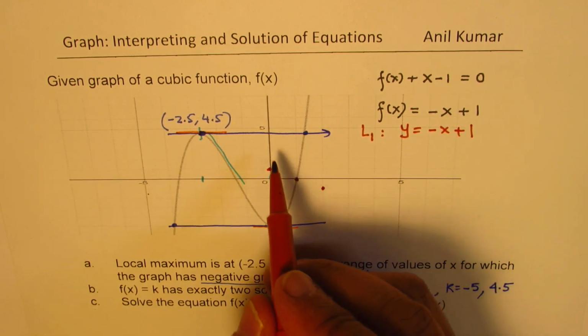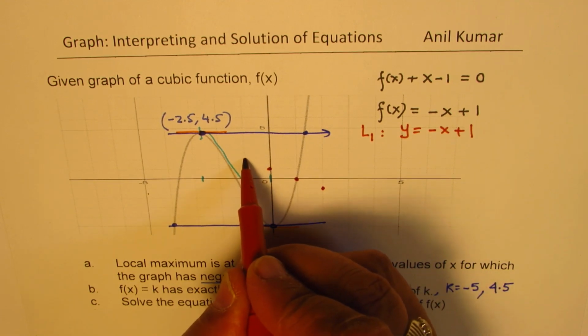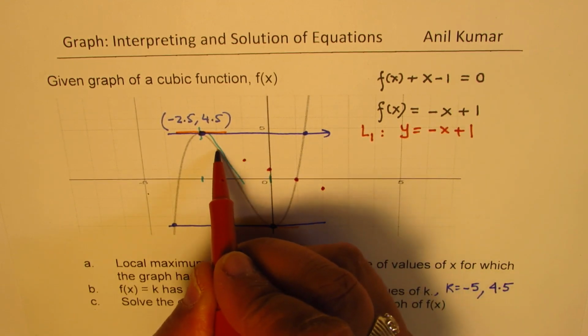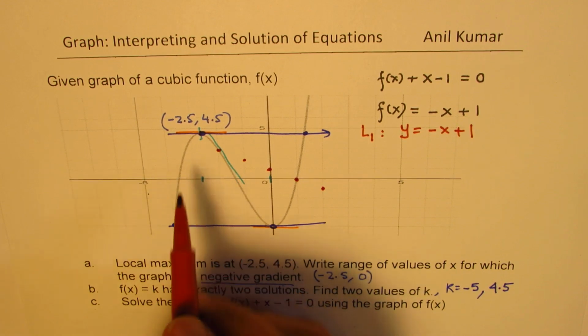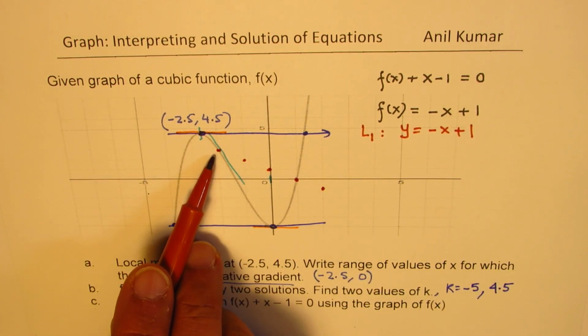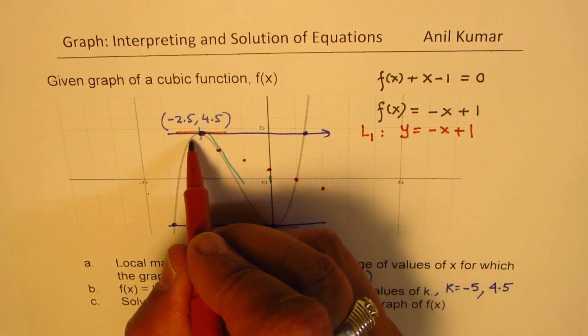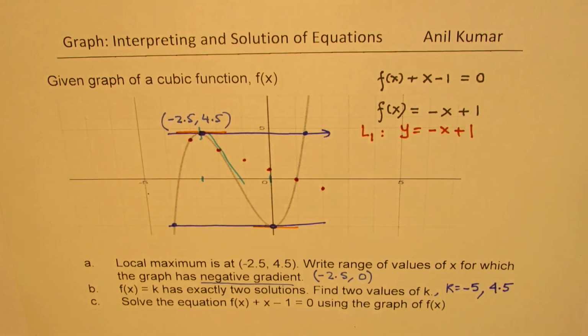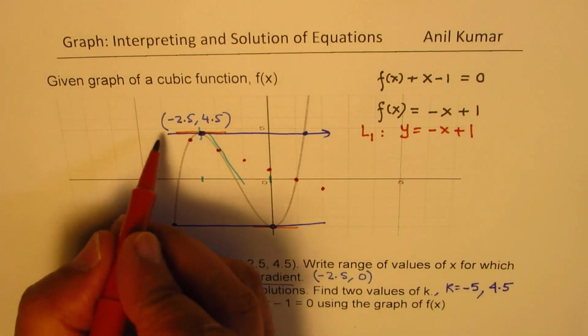The graph is not very clear, but going left and right, that gives you the points of intersection also. Do you see that? We get another point of intersection on this particular graph. If you join these points, you get the line minus x plus 1.